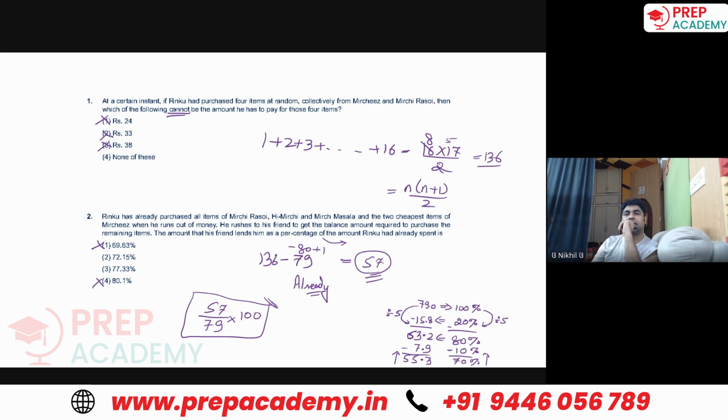Now, 55.3 we've already got, and 57 will have a gap of 1.7, right? So we have to get to 1.7. If 10 percent was 7.9, can I say that 1 percent would be 0.79? Yes.